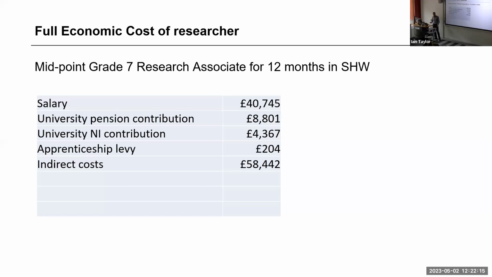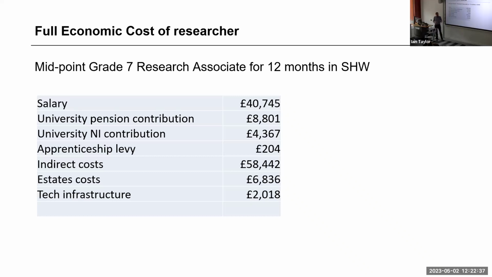Then the indirect costs for a year of a researcher, under the TRAC methodology for the University of Glasgow, would be £58,000. The estate's costs on top of that was just under £7,000.